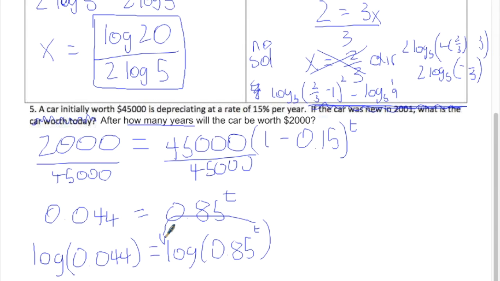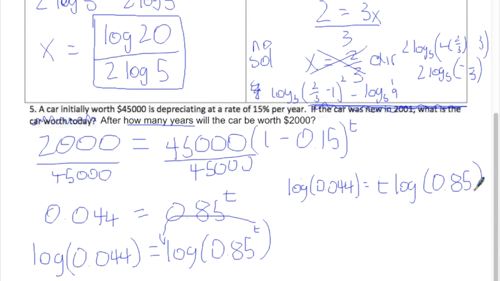So this now gives us log of 0.044 equals t times log of 0.85.